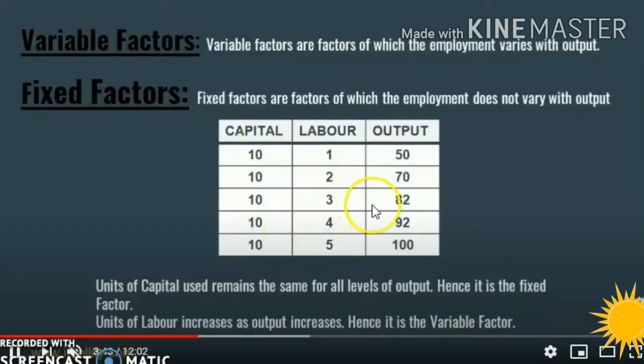With three labor the output is 82, an increase of 12. With four it is 92, a difference of 10 from the previous one. By employing a fifth labor, 100 units of output are obtained, so here it is diminishing. The change is only 8.